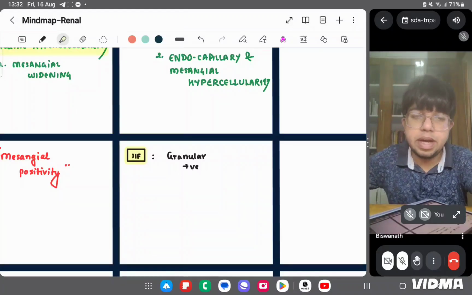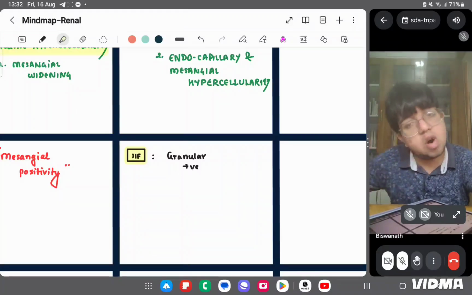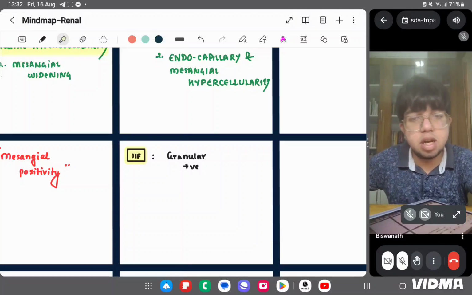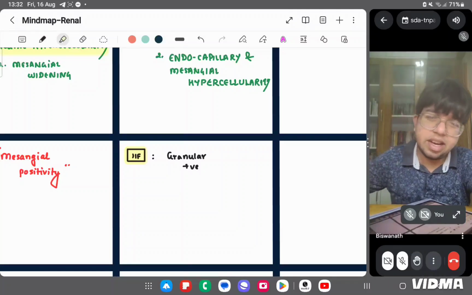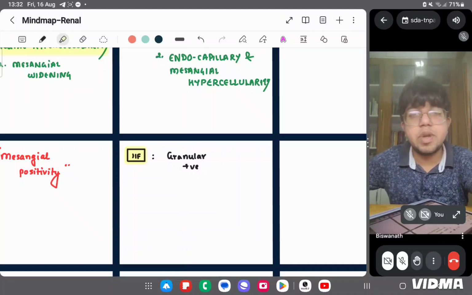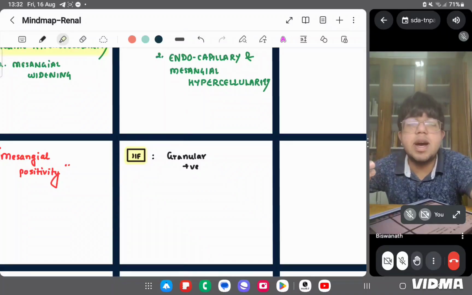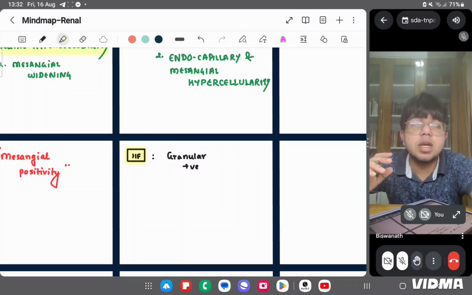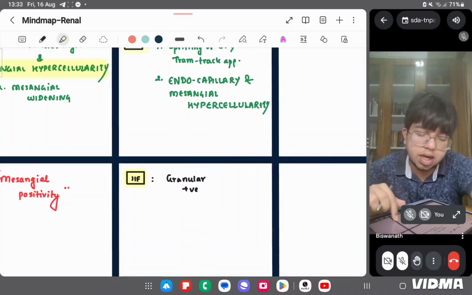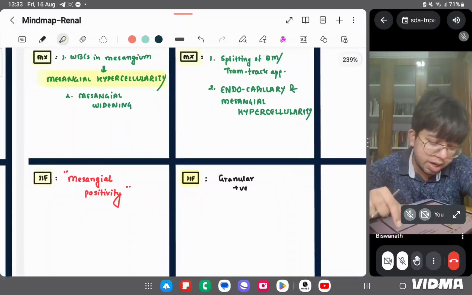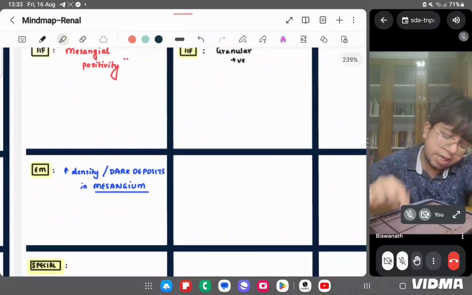There will be deposition in nearly all parts. When we see lupus, you will appreciate it much more. So deposition is occurring. There is an endocapillary mesangial hypercellularity, so there is increased density.